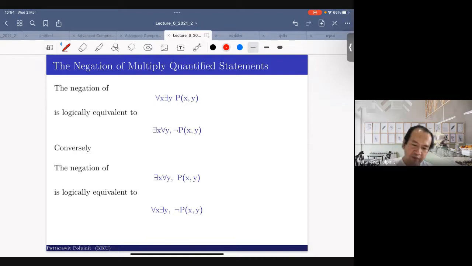The negation of for all x, for some y, p of x y is equivalent to for some x, for all y, not p of x y: you switch for all to for some, and for some to for all, and put the negation on p of x y. Similarly, if you have for some x, for all y, p of x y, you have for all x, for some y, not p of x y.